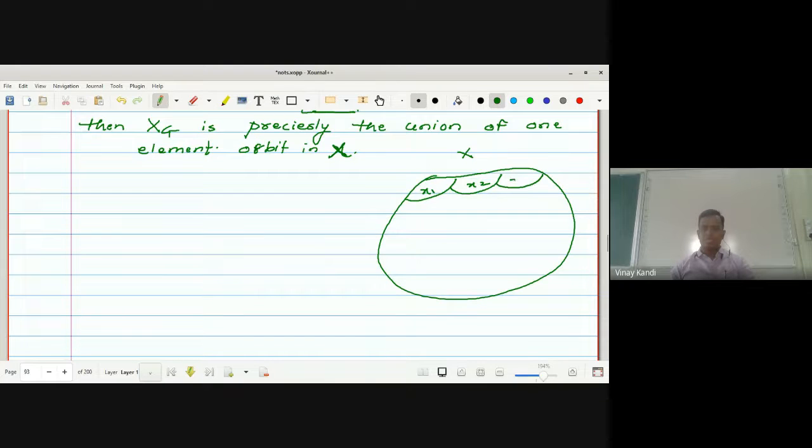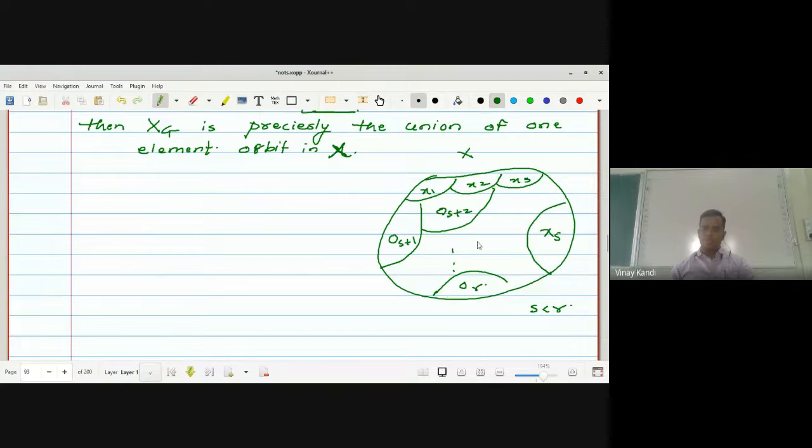Okay, this is X3. How many orbits are there? R orbits. And suppose so on, up to XS, where S is less than R. This is orbit S plus 1. This one is orbit S plus 2, and so on up to orbit R.